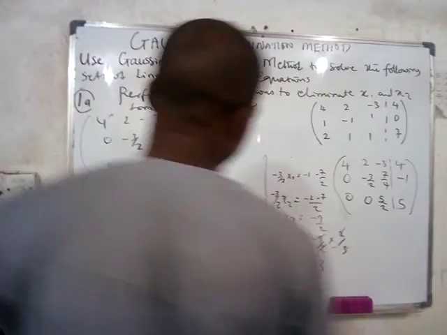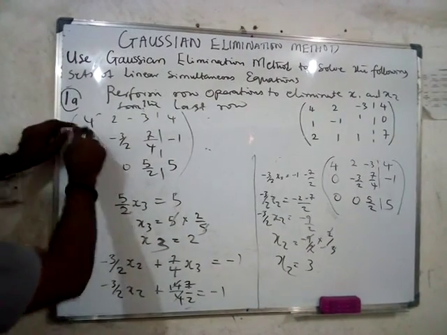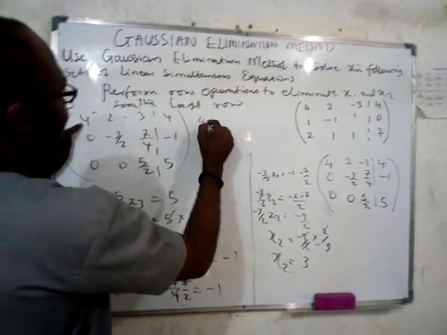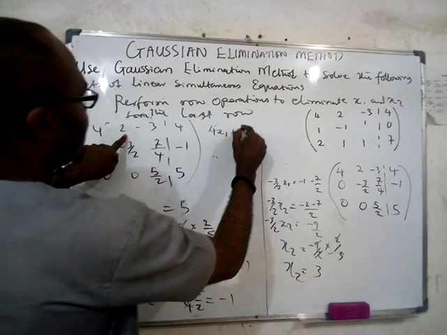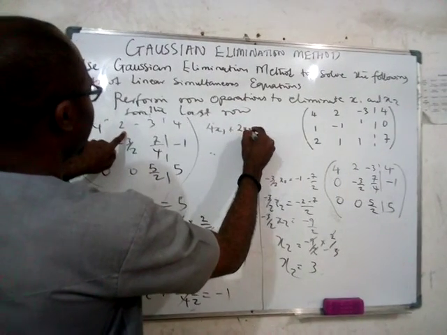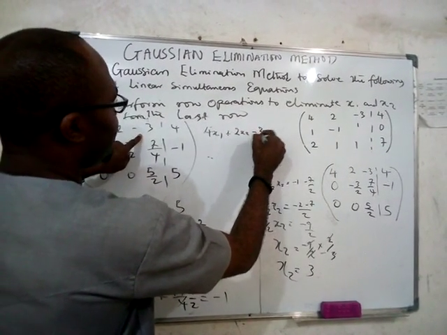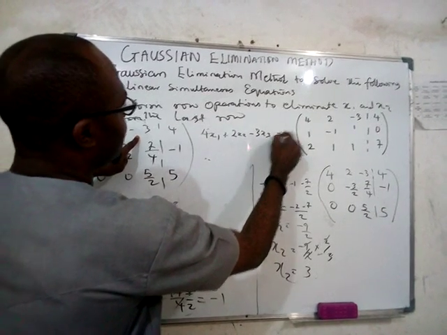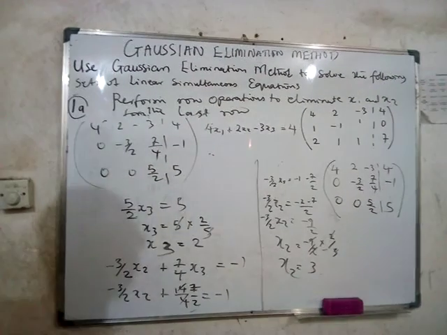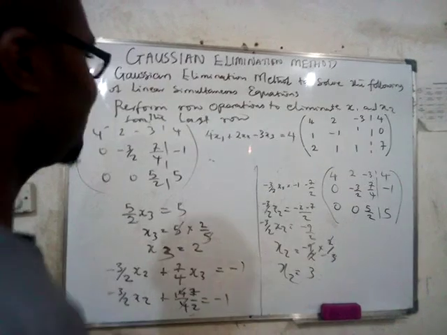So the last thing that is left for me is to find x1. So how do I find x1? I have 4x1 plus 2x2 minus 3x3 equal to 4. But I already know what x2 and x3 are.